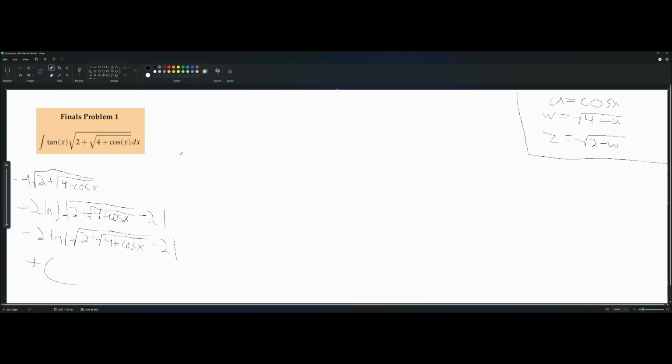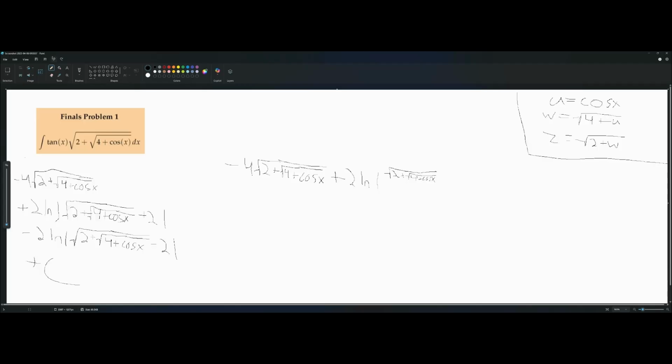Our final answer to be negative 4 times the square root of 2 plus the square root of 4 plus cosine of x, plus 2 times the natural log of the square root of 2 plus the square root of 4 plus cosine of x plus 2, over.